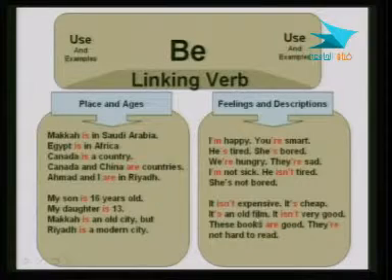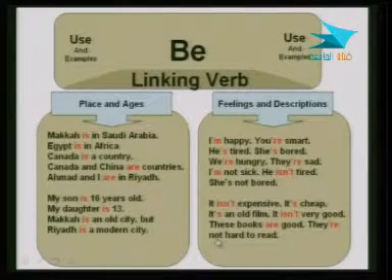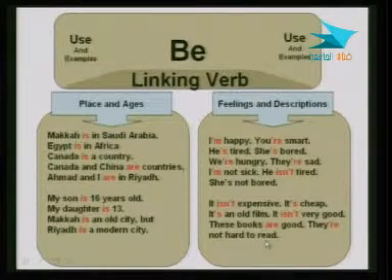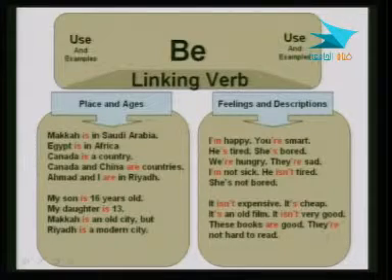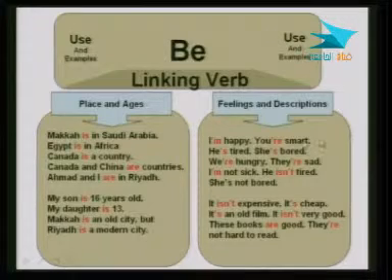It's an old film. It isn't very good. These books are good. They're not hard to read. So all of these examples are about feelings and descriptions. And notice that we use the verb be in its regular form and in short forms. We will discuss the contractions in later slides.